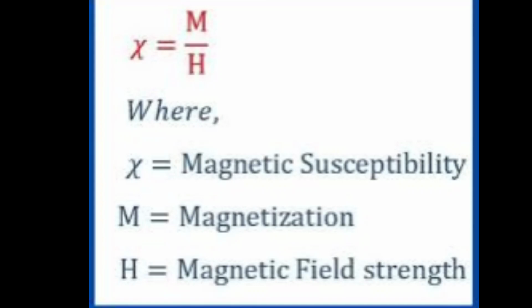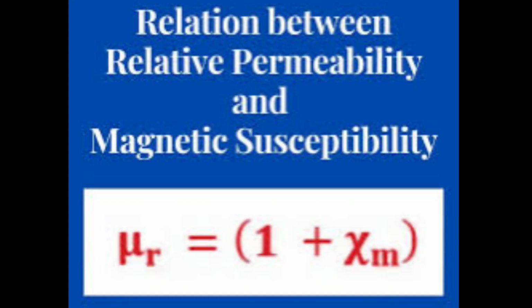Magnetic susceptibility represents the property of the substance which shows how easily a substance can be magnetized when placed in a magnetizing field. It is also defined as the ratio of the intensity of magnetization to the intensity of the magnetic field, or we can say the strength of the magnetic field. Magnetic permeability and magnetic susceptibility have a relation between them, that is mu r is equal to 1 plus chi m.